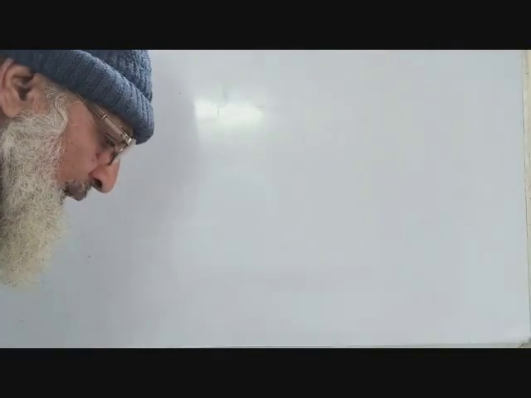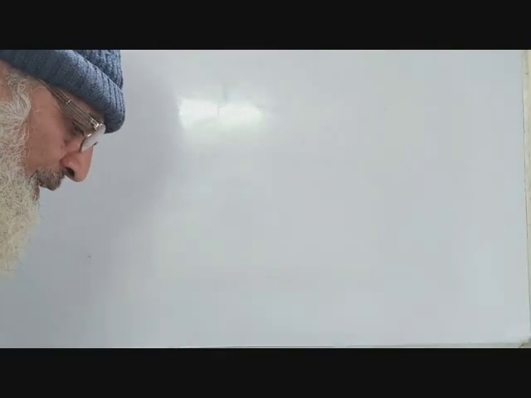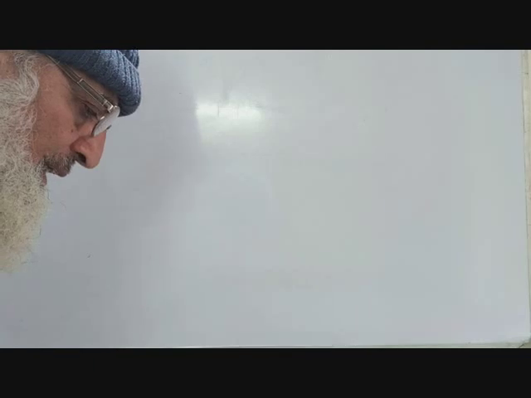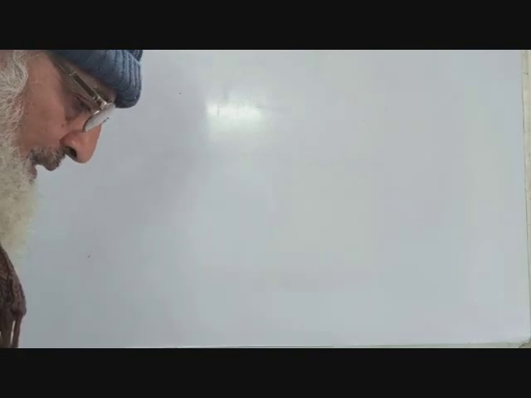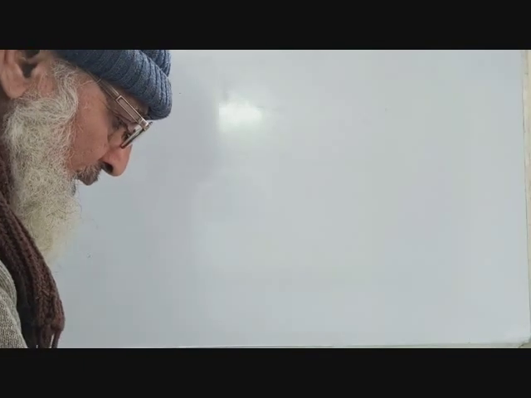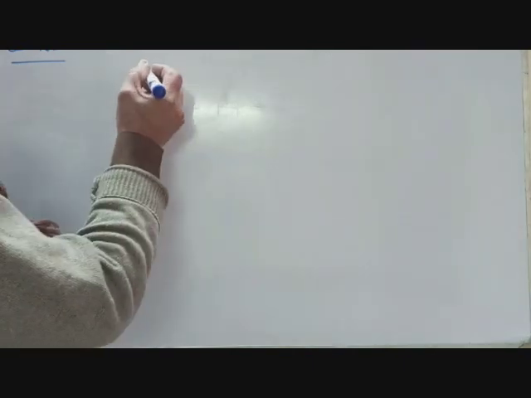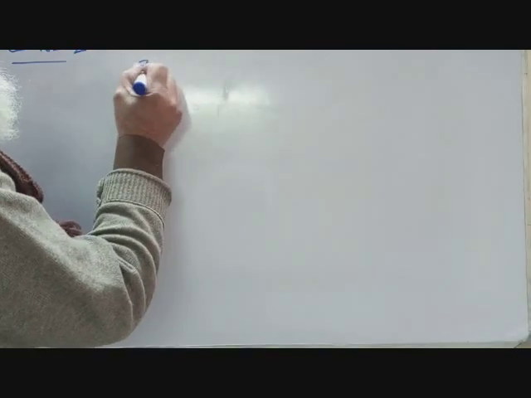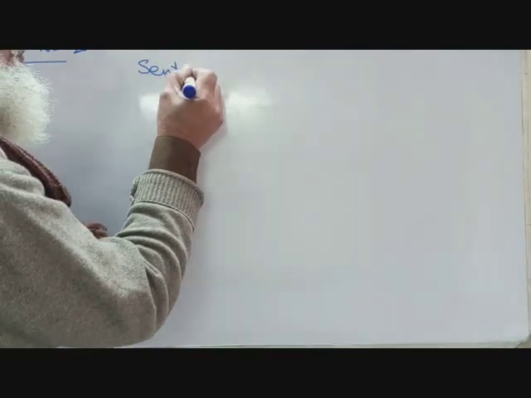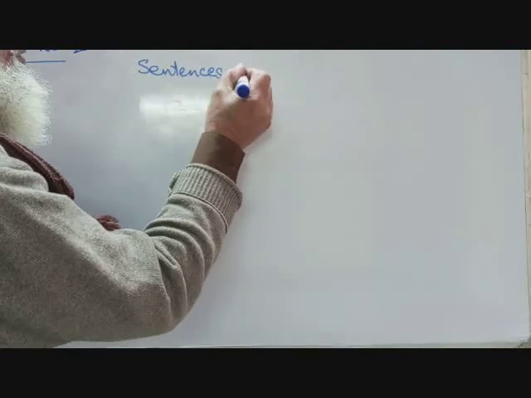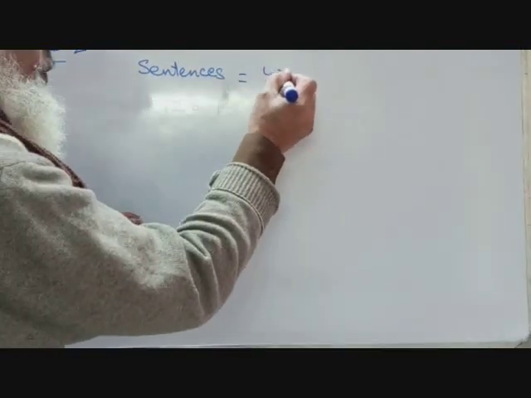Question number 2 says, an essay contains 420 sentences. 80 of these sentences contain certain typing errors. What fraction, given in the simplest form, of the sentences contained errors? Now, how many sentences are there? Total sentences are 420.